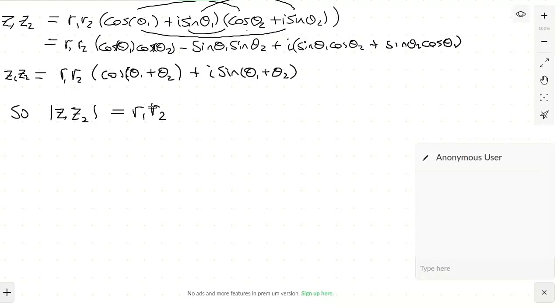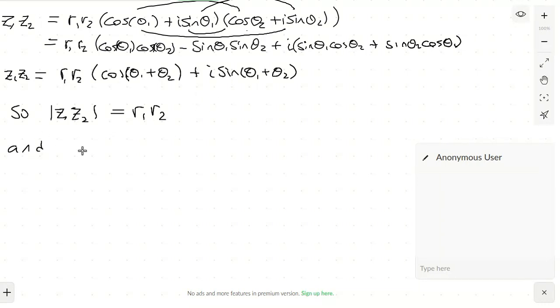If you like, you could do it the long way and prove that it definitely has that modulus, because to work out the modulus we square it and square root it, and that's where you get cos squared plus sine squared is 1. So it definitely has a length of r1 r2.